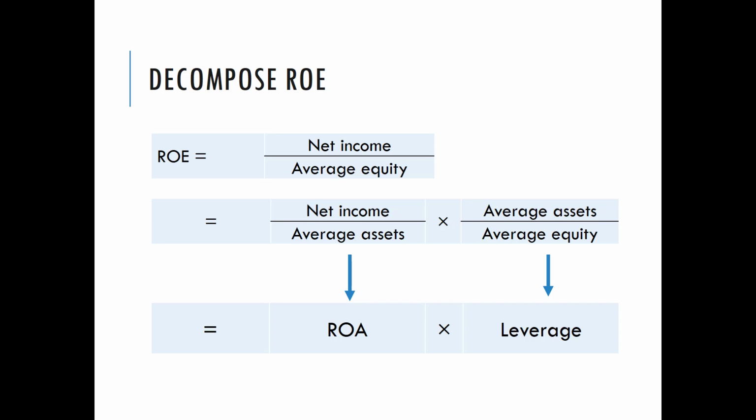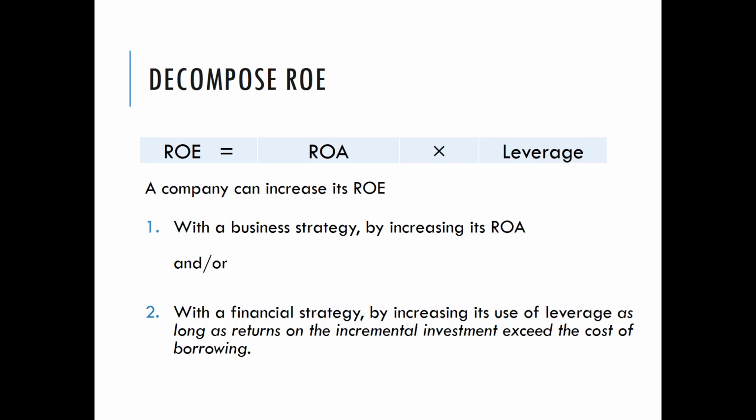The first one is your return on assets, and the second one is your leverage. Which means that if a firm wants to increase its overall profitability, it can try to increase its return on assets or try to increase its leverage. And the idea here is essentially that return on assets is more focused on the business strategy, versus the leverage, which is really a more financial strategy.